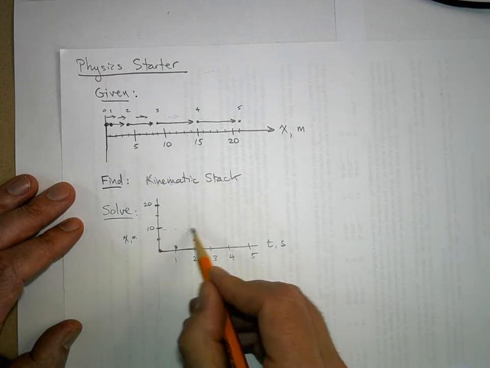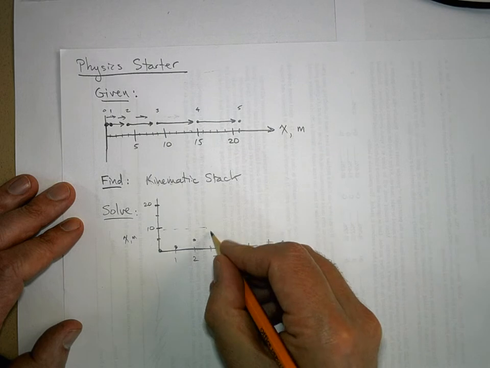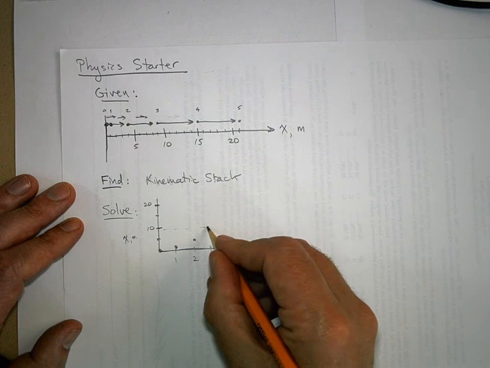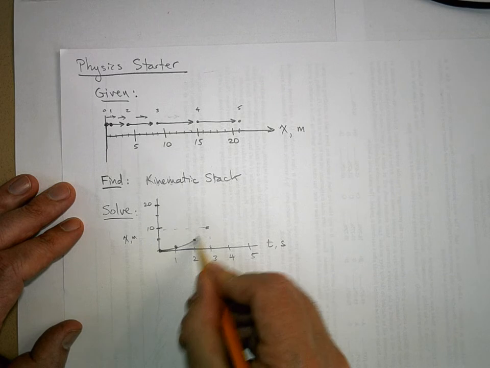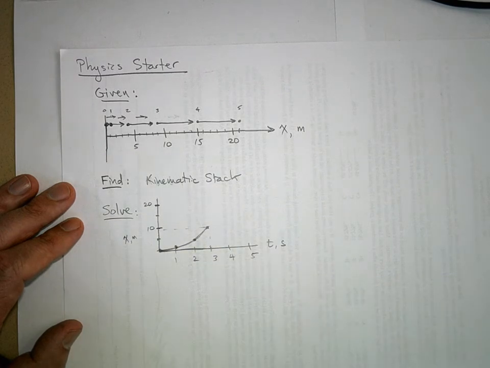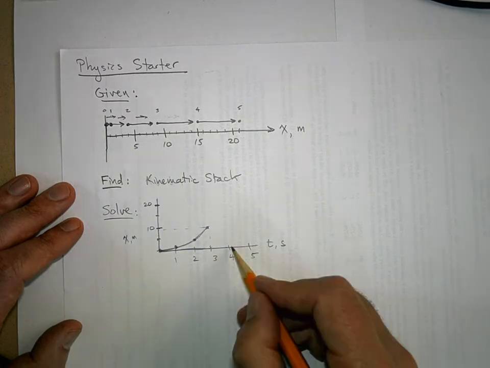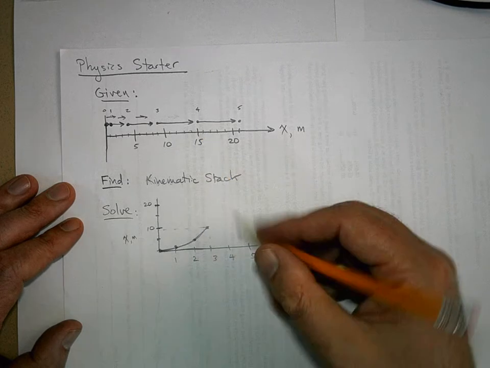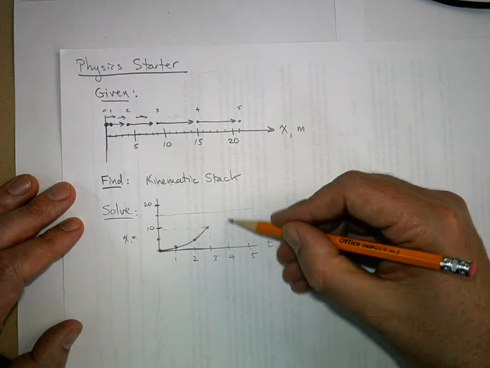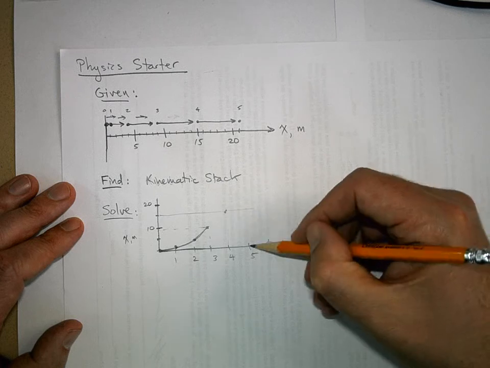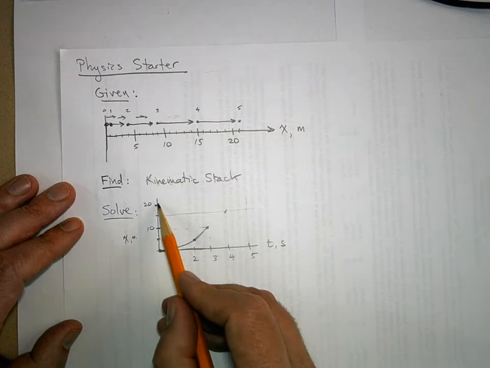So here's 9. And so we've got this curve like that. Then at 4 seconds, we're at 15. And then at 5 seconds, we're at 21.